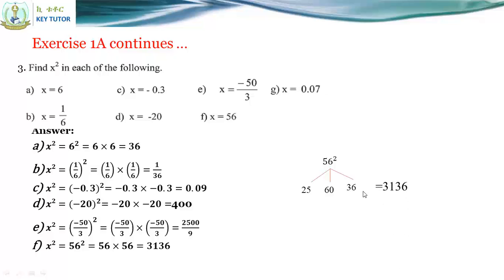Now from that, take the units digit 6 and carry 3 onto 60, which is 63. Take 3 again, carry 6 onto 25. 25 plus 6 is 31. Altogether 3136.